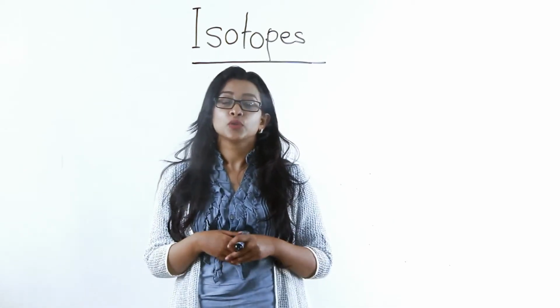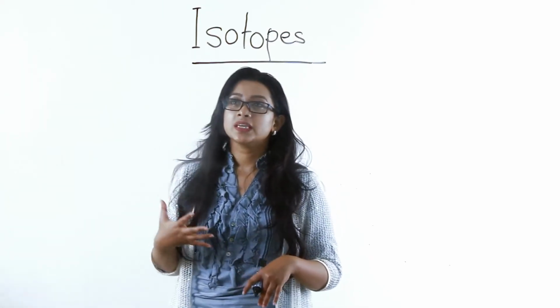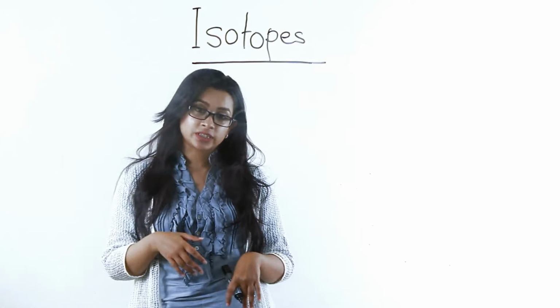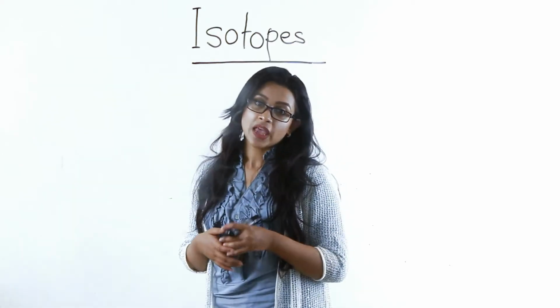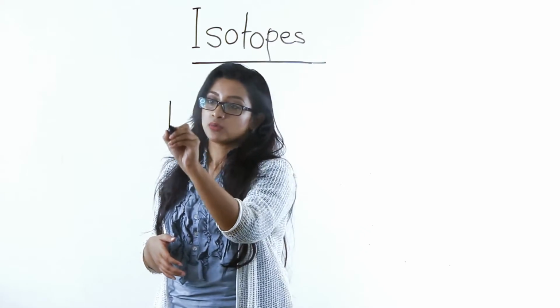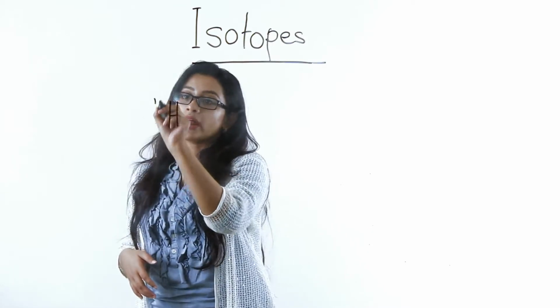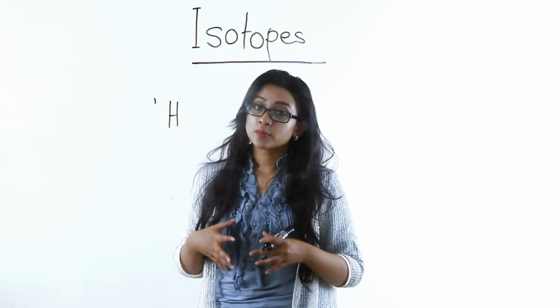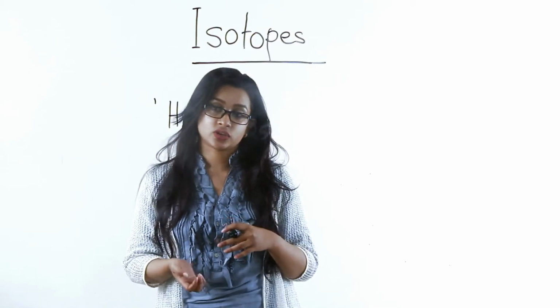Examples of a few other isotopes apart from carbon are those of hydrogen and chlorine. See, hydrogen, if you look at it in the periodic table, is an element with a symbol of H and 1. It has 1 proton in its nucleus and 1 electron.